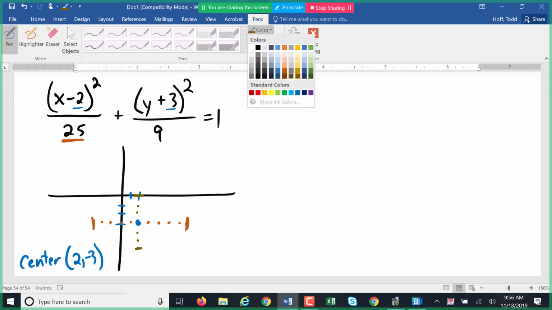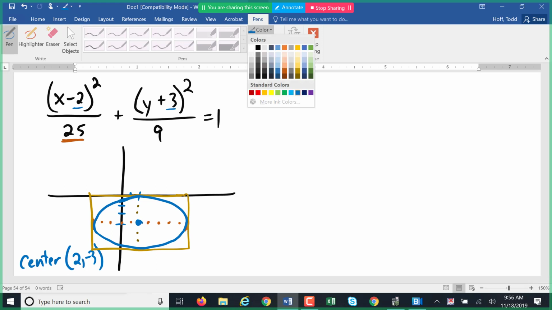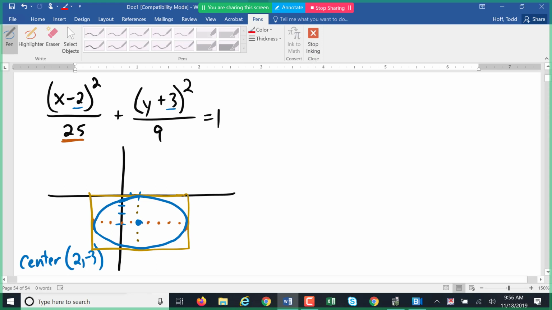We can almost picture this as a box or rectangle created with those dimensions, and our ellipse fits right inside of it, tangent to all 4 sides of that rectangle. And there's our ellipse. And of course we had the foci, which was a squared minus b squared.